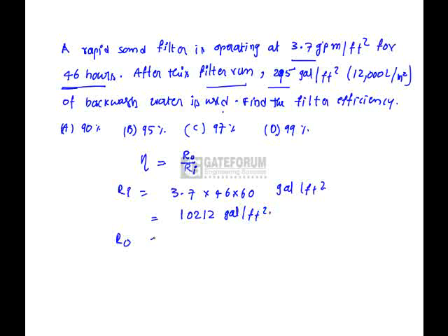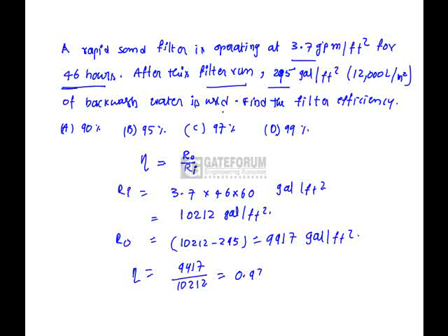So we have used 295 gallons per square feet for backwash. So 10,212 minus 295 is equal to 9917 gallons per square feet. So efficiency is equal to 9917 divided by 10,212, that is equal to 0.97, 97%. So option C is correct.